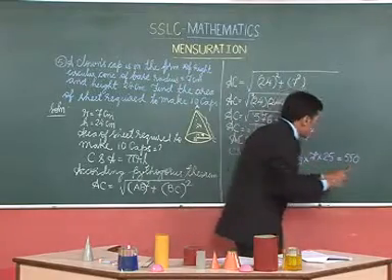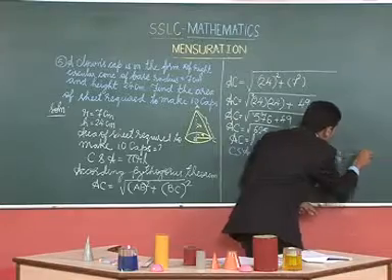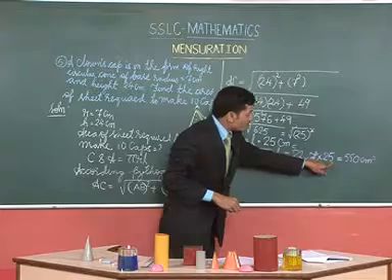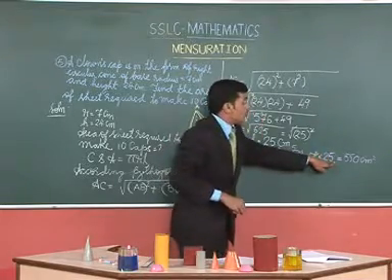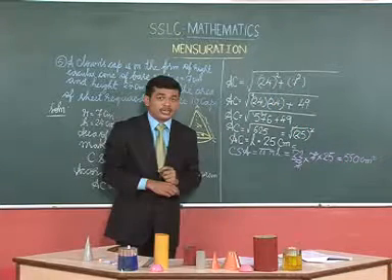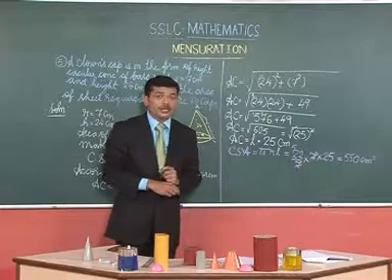It is not just 550, it is 550 centimeter square, because here radius was in centimeter and the slant height was in centimeter. So centimeter into centimeter will give you centimeter square. So this is the curved surface area of the cone.